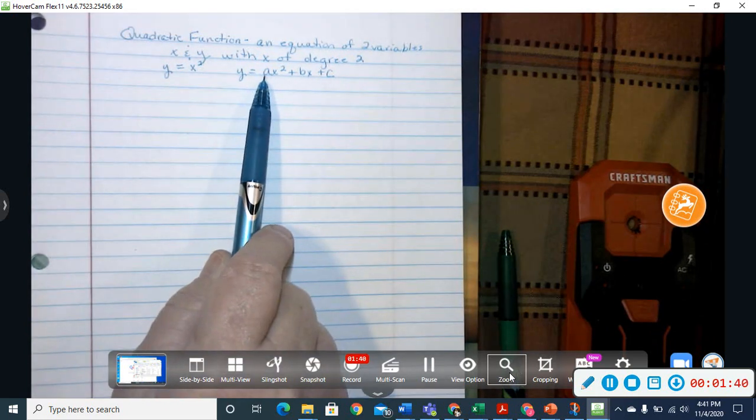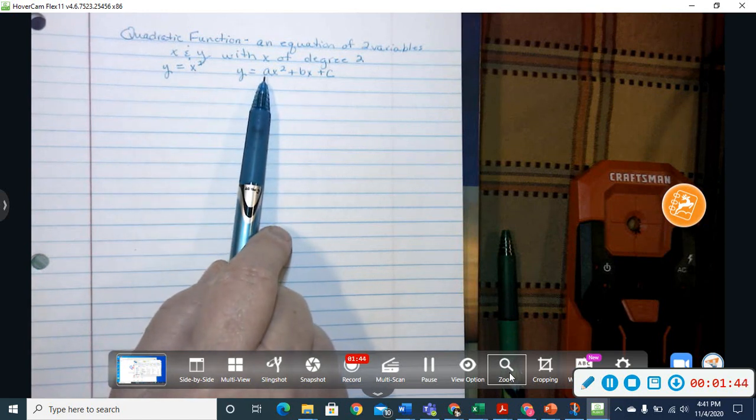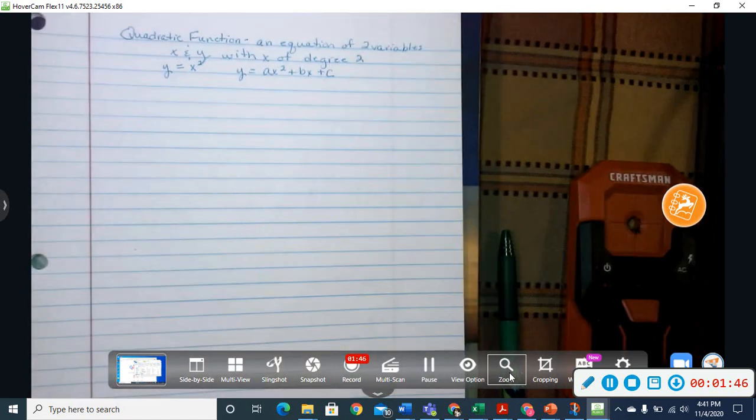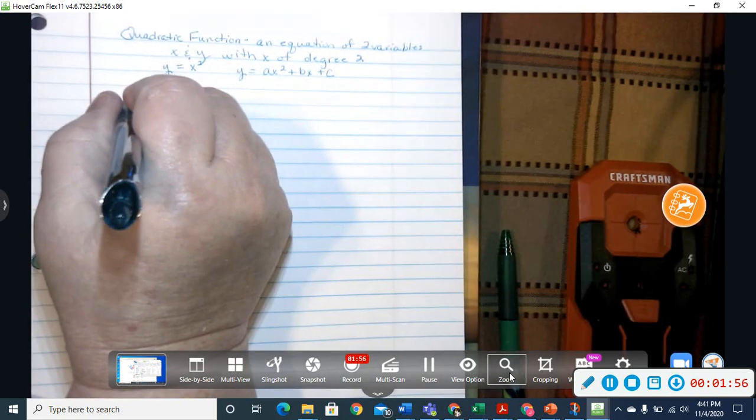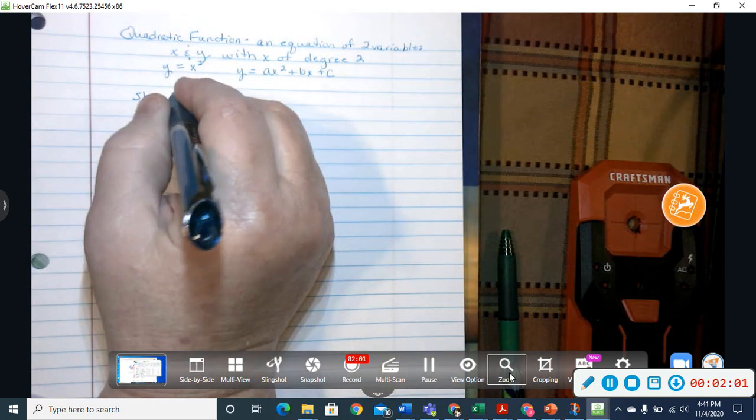A cannot equal 0 in order to get a quadratic. A has the smallest value there of 1 in order to give us the base equation of y equals x squared. The shape of a quadratic is a parabola.